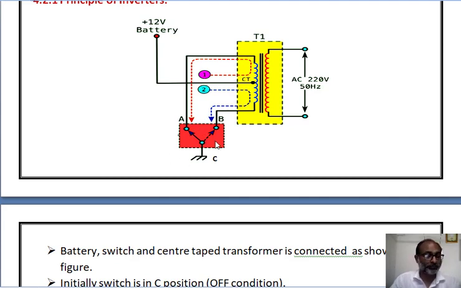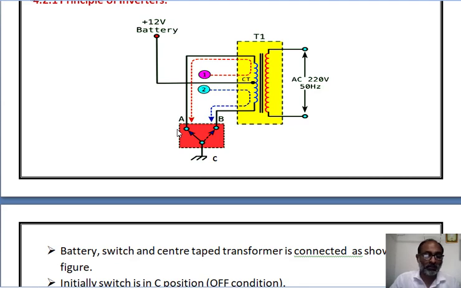So here practically SCR is used as a switch. SCR or transistor is used as a switch instead of the mechanical switch.